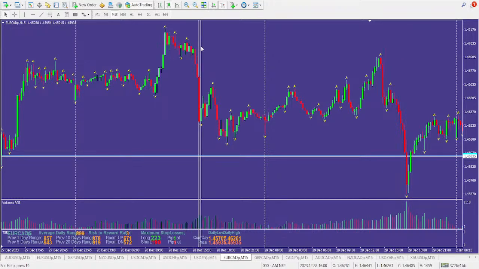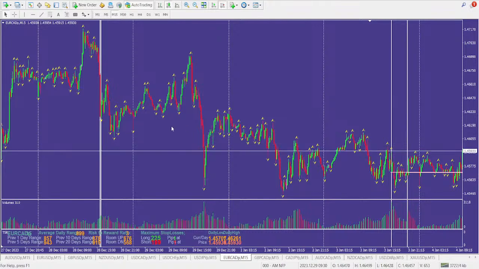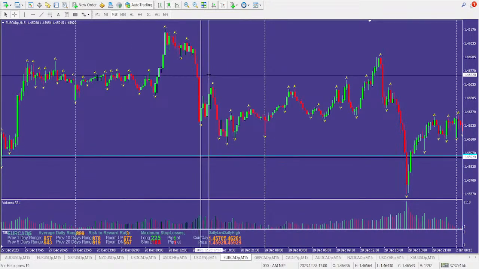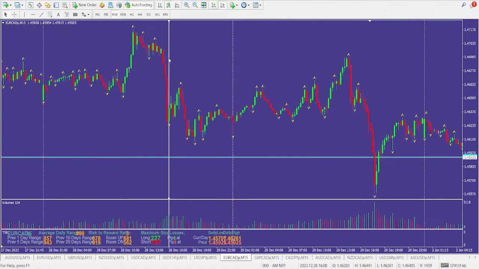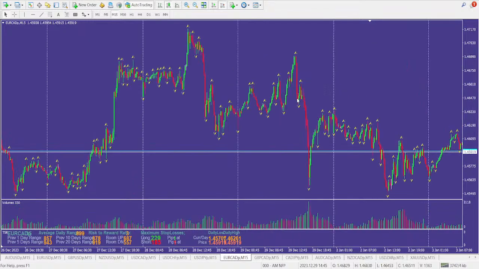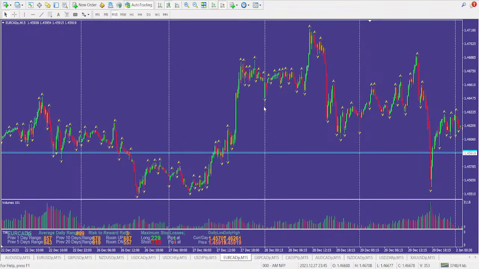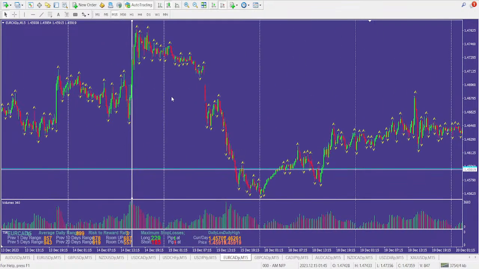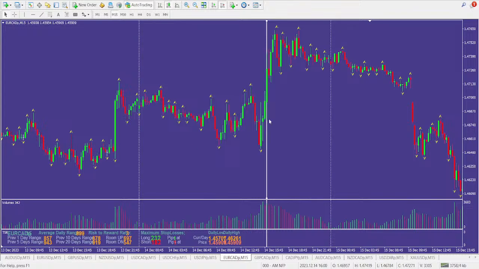Not very clear here on December 28th. So not this level here since price did break that level. Nothing concrete here, so we'll delete that one and then we'll go back to the next level, which is December 14th. Sort of here.